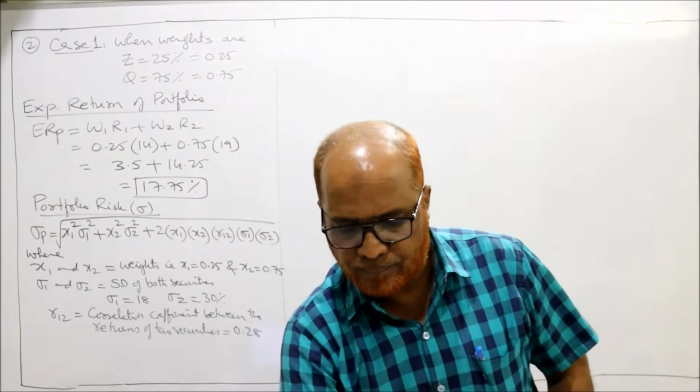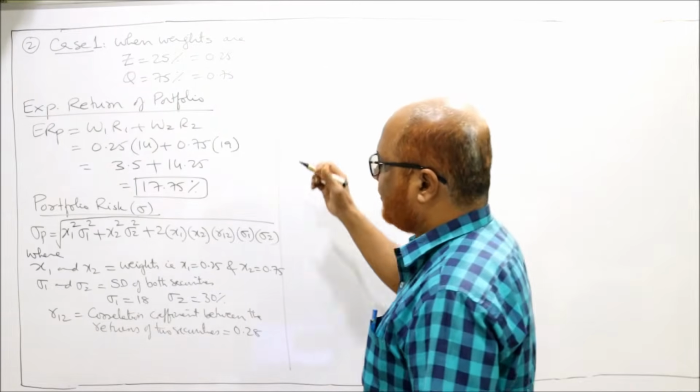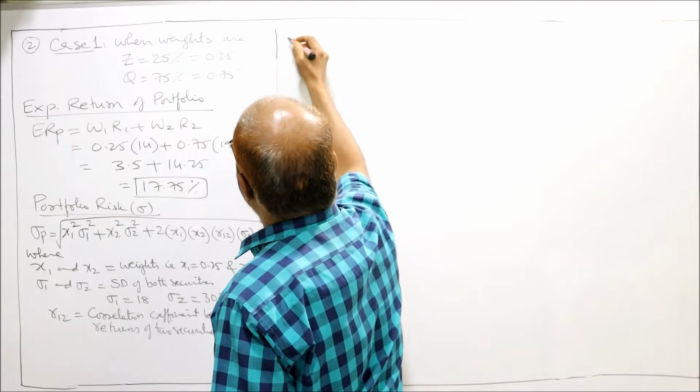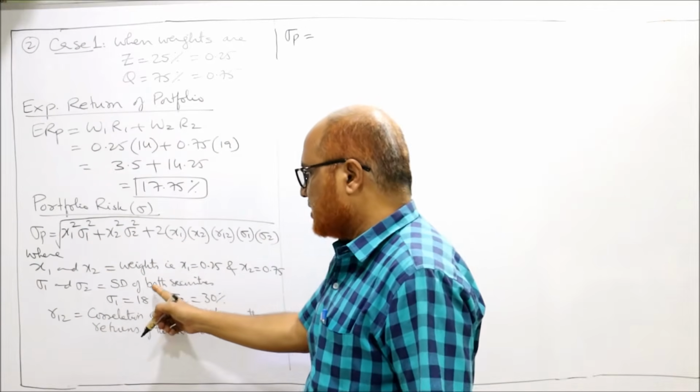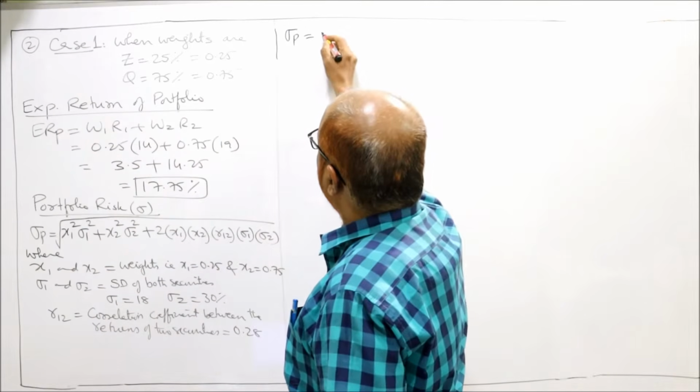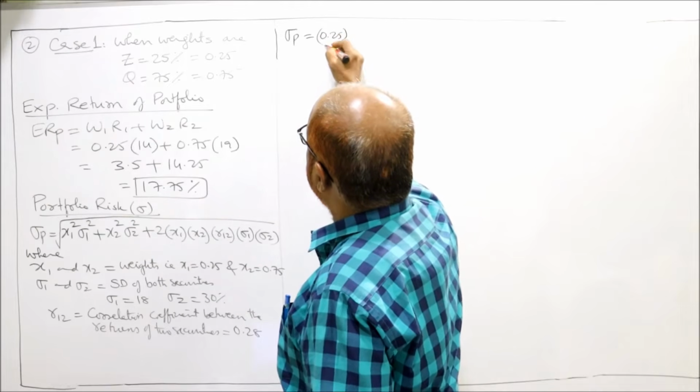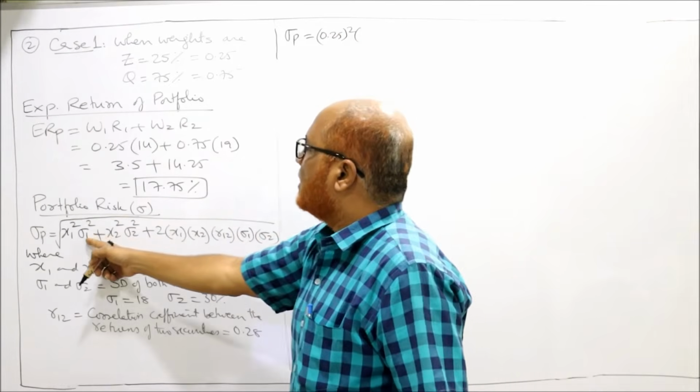Right? Now I am substituting the values in the formula. Sigma P is equal to, now carefully you see, x1 square, x1 is how much here? 0.25. So 0.25 square into sigma 1 square.